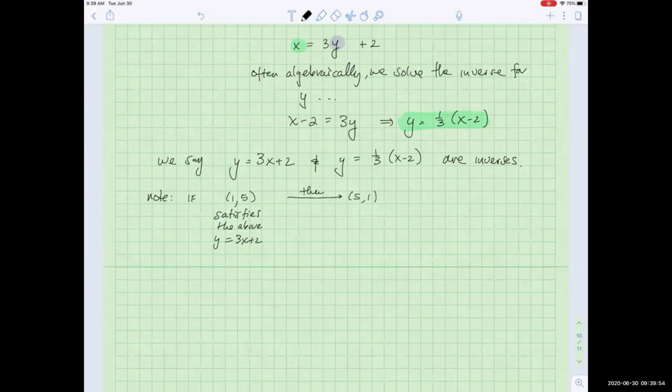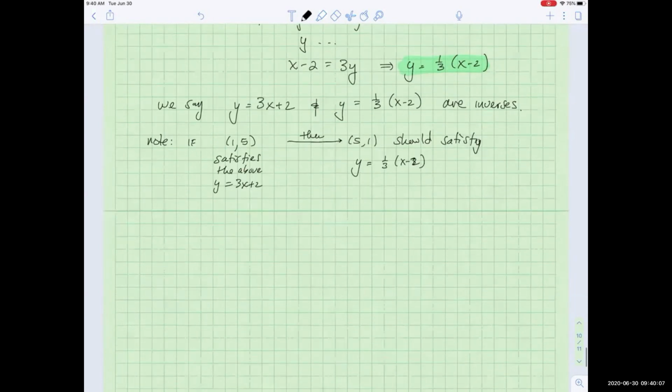Then (5, 1) should satisfy y equals 1/3 (x minus 2). So y is equal to 1/3 (5 minus 2), which is 1/3 of 3, which is 1. Check. Spot checking in one place shows that these hold for that particular ordered pair. So algebraically and numerically, we're both just switching the roles of x and y.